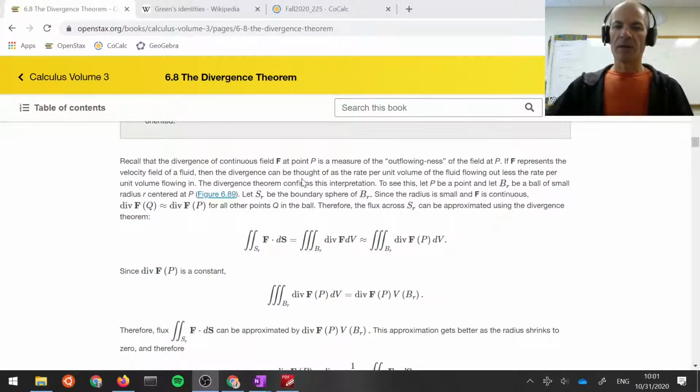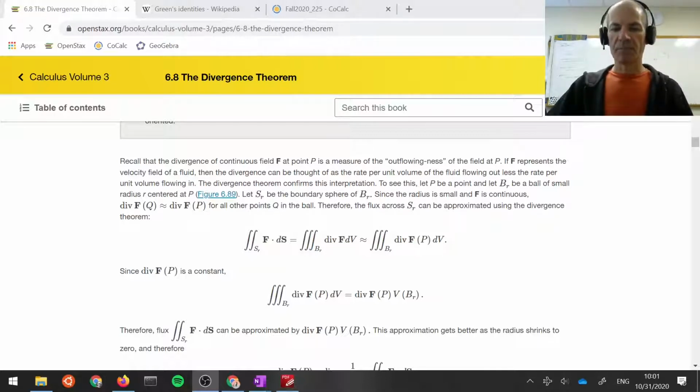And you can think about the interior of the sphere, which we'll call B sub r. R is the radius of the sphere, and the boundary of the sphere, S sub r. Since the radius is small and F is continuous, the divergence of F at some point near P is approximately the same as the divergence of F at P.